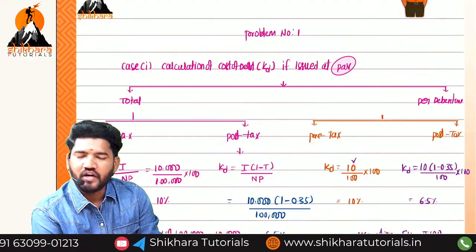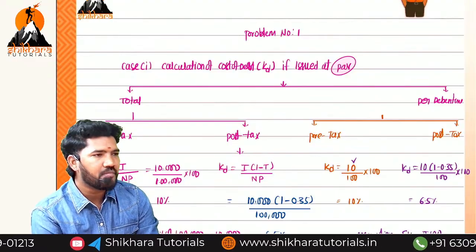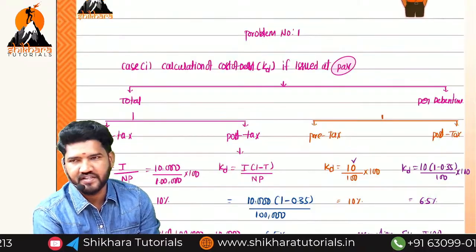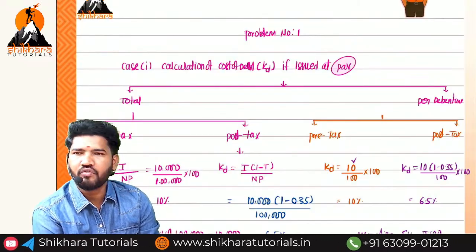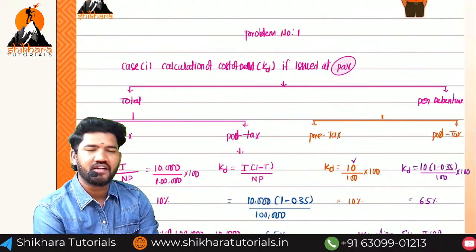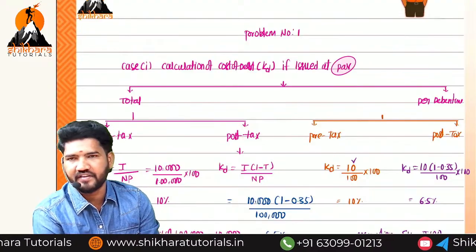Guys, clear? Now the KD calculation is different for both. The reason: in irredeemable, only revenue expenditure is there, only interest for lifelong. But in redeemable, interest is there and capital is there, revenue expenditure plus capital expenditure. That's why the calculation parts are different.